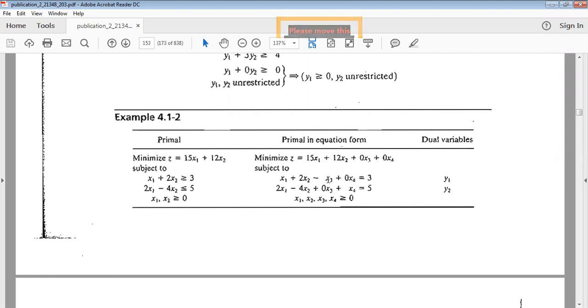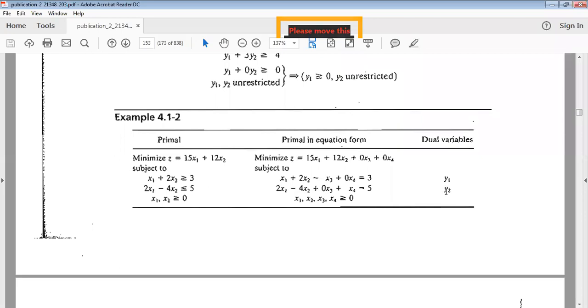Minus x3 means minus s1 plus the artificial variable, and this is equal to 3 because it is a greater than equation. Here it is a less than, 2x1 minus 4x2 plus s2 is equal to 5. Instead of plus s2, he has marked it as x4 to avoid confusion.